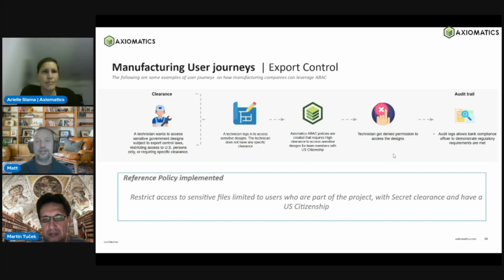Otherwise, you end up denying that access. Looking at that from a natural language perspective, it really boils down to, we need to restrict access to sensitive files to users who are part of the project with the right security clearance and the right citizenship. Otherwise, if you try to share or access that information, you're going to end up getting denied access.